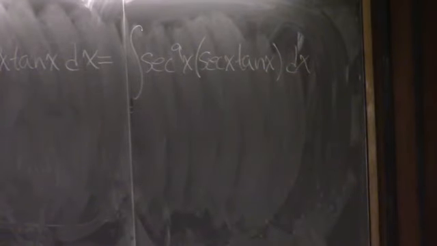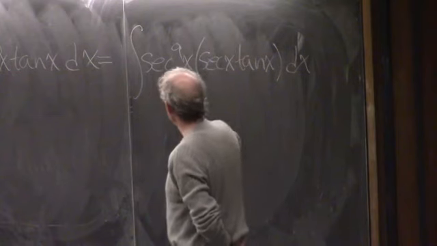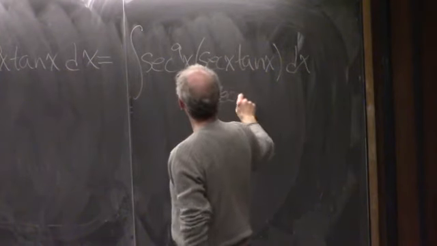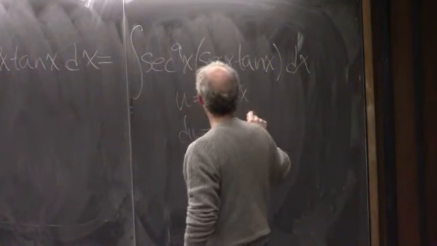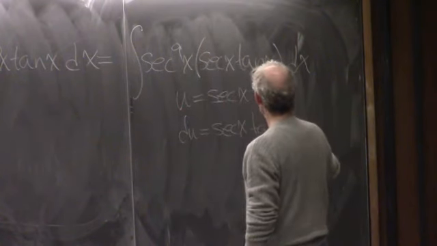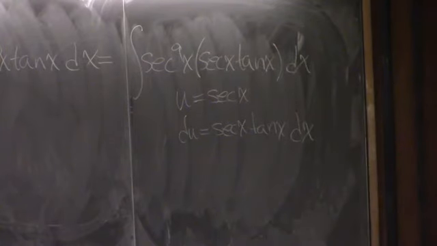We could be quite nasty if we need to. We've got even more evil ones up our sleeves. Now, let u equal secant x, du equals secant x tan x dx. So far, so good? Sure.